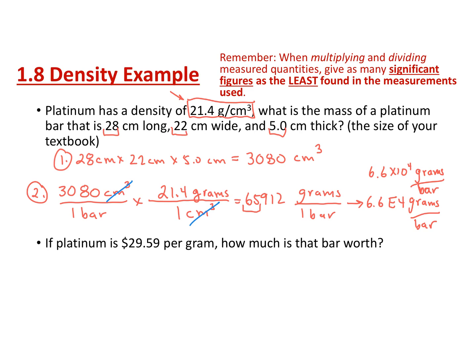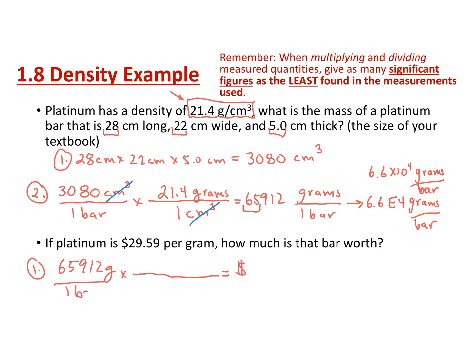The next calculation, how much is this bar worth? We can do the same thing with dimensional analysis. And again, let's just use the full, unrounded number before we come to a final answer, and then we can round it and report it accordingly. So if I have a bar that weighs 65,912 grams, I want to find out how much that bar is worth. So I need to multiply that by something that gives me the final answer in dollars.